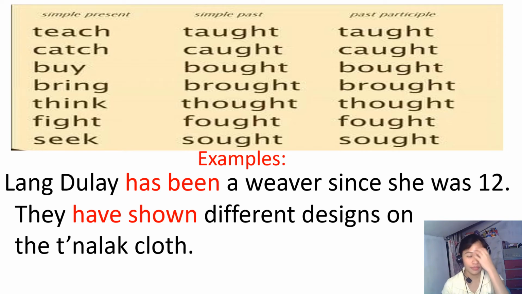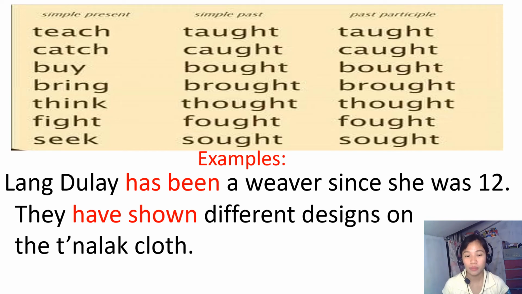Let's have an example in our present perfect tense. Lang Dulay has been a weaver since she was 12. They have shown different designs on the Tinalak clothes. As you can see in our sentences, the verb form that we should use is has or have to show that it is in a perfect tense, and we should use the past participle of the verb.